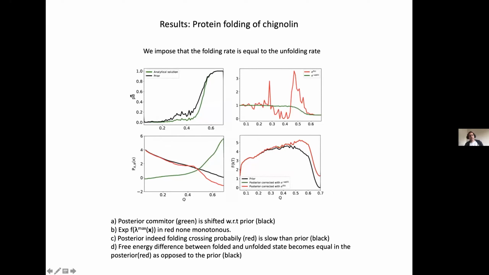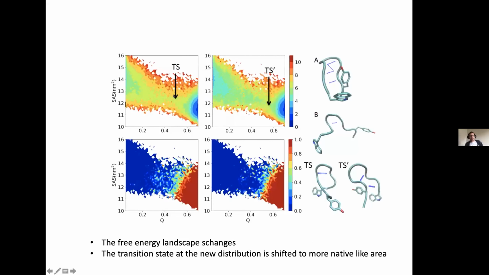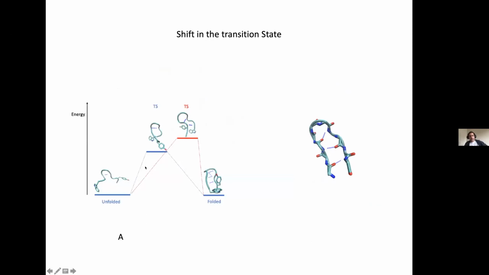This was the original free energy as a function of the contact. This is the folded, this is the unfolded. So you are shifting your transition state to the right. And this is the model we've proposed for an alanine-type peptide. By imposing a slower rate and using our protocol, you're getting a shift of the transition state to the right, but also a higher barrier.